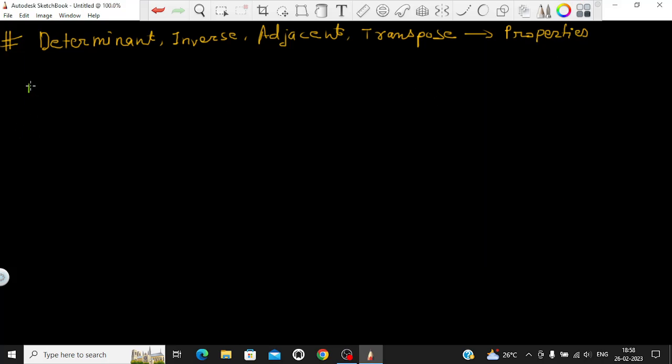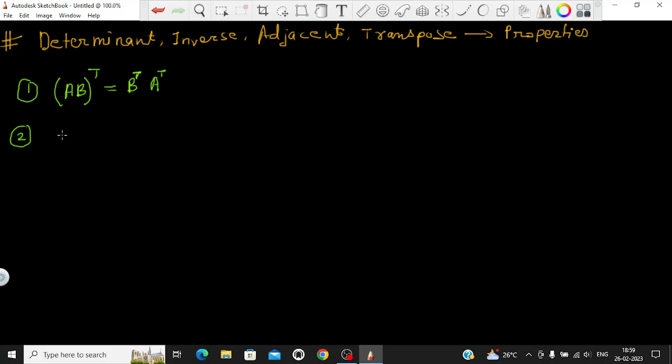So the first property is, if you take the matrix AB transpose, whole transpose, you will get B transpose into A transpose. This is the first property.